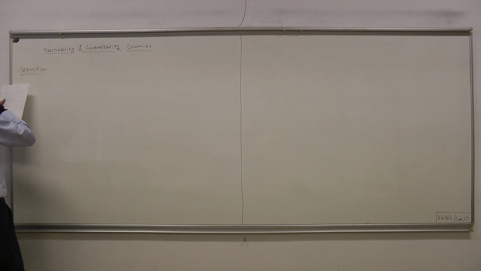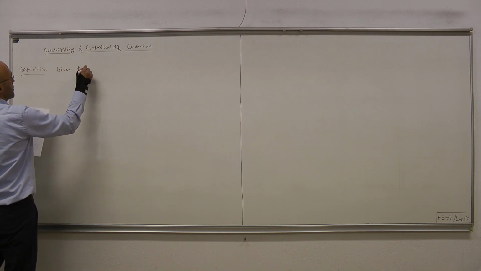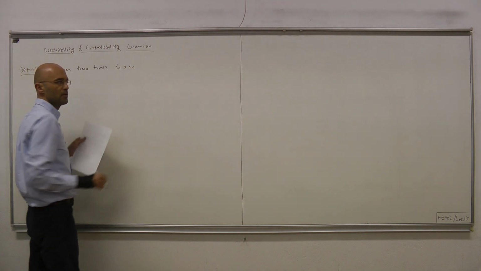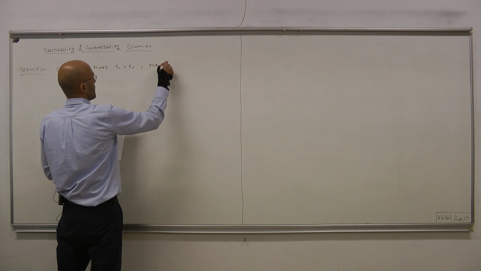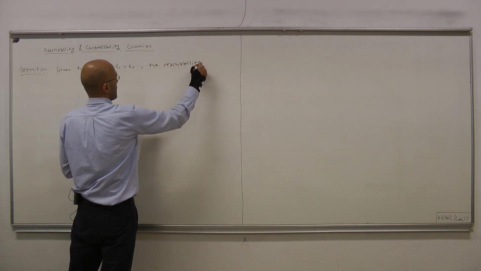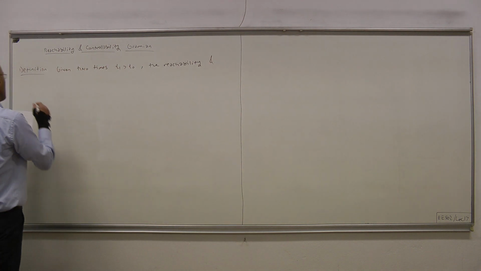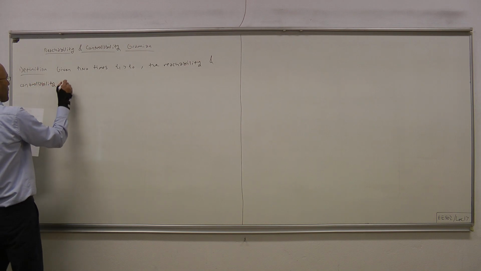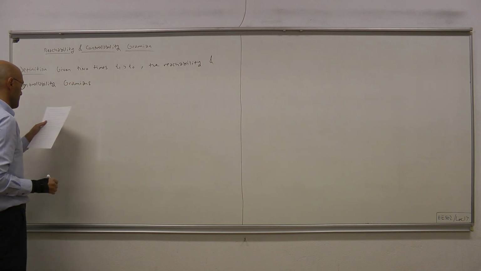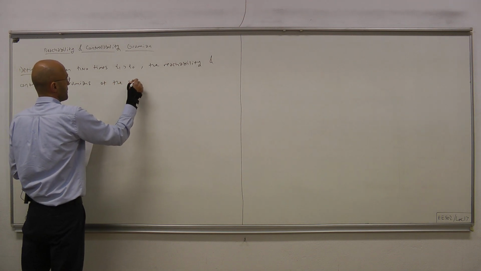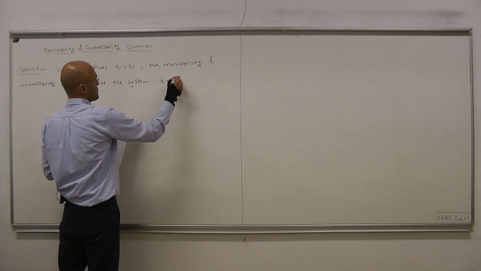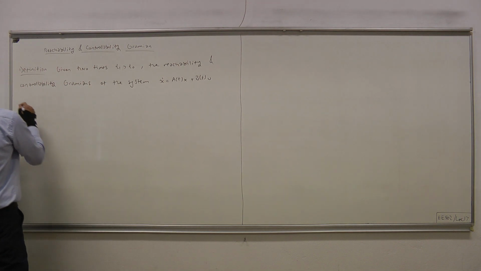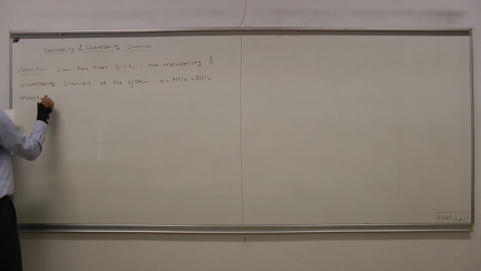Definition: given two time instances, T1 and T0, the reachability and controllability gradients for the linear system x dot equals Ax plus Bu are defined or constructed as follows.